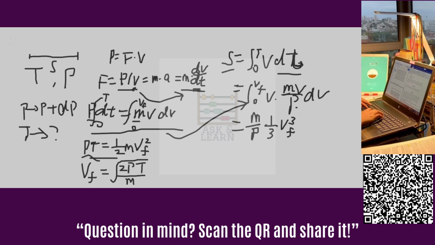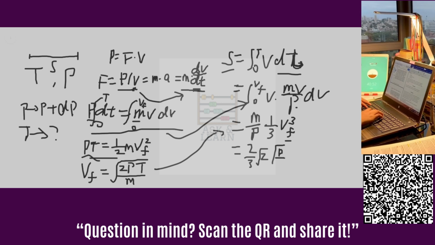And then we just do this integral. So m is a constant, P is a constant. We just move them out of the integral. M over P times 1/3 Vf cubed. So this is the relation between the final distance and the power and also Vf.